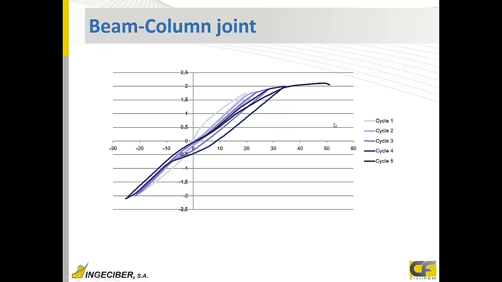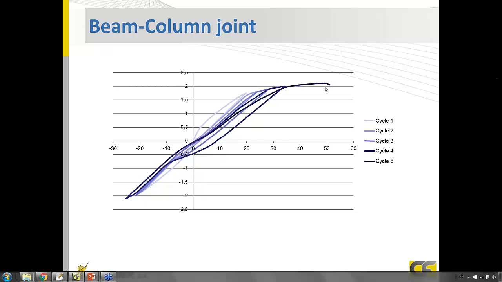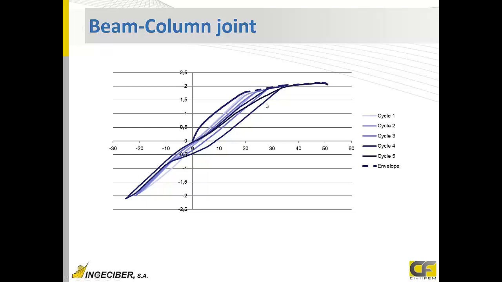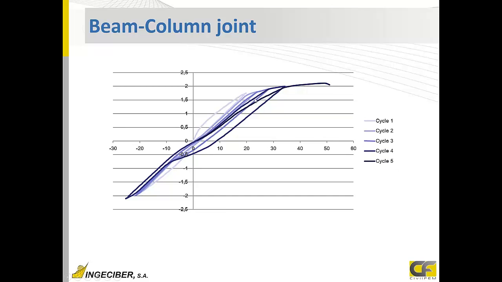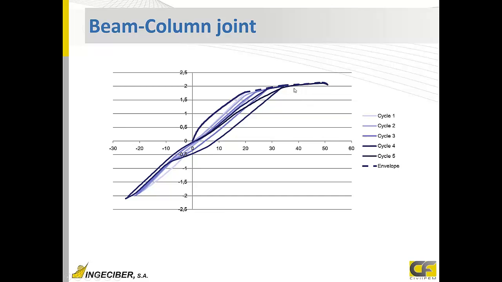We could use as pushover analysis result, or for those springs to model the union, the envelope of the maximum values. If we use the envelope of the maximum values, this is the dark line. That is the envelope of maximum values, and it could be used as pushover.